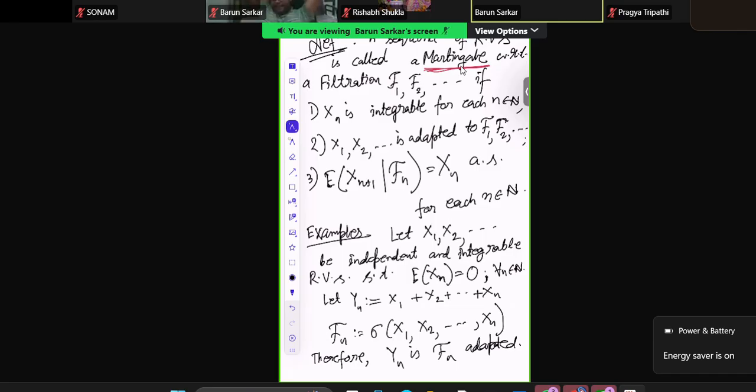F1 is the sigma algebra generated by x1, and y1 equals x1, so y1 is F1 adapted. Similarly, F2 is the sigma algebra generated by x1 and x2, and y2 is x1 plus x2, so y2 is F2 adapted. So yn is Fn adapted.